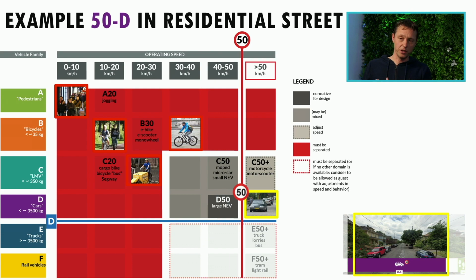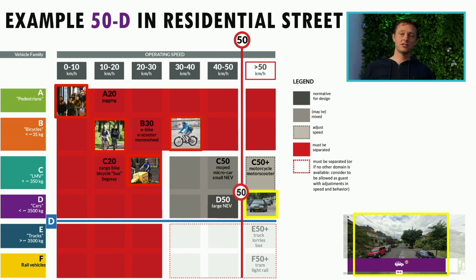And the same, if we go left more than one step, then the differences in speed will be too much. And again, mixing those is not safe, especially if both the mass and speed are differing too much. For example, with the pedestrian, you end up in the red zone.